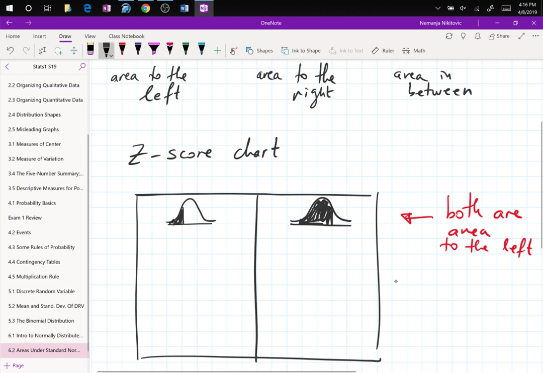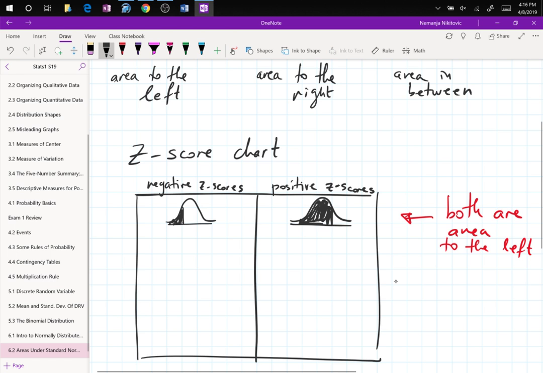Alright, so what do we have? We have a z-score chart that will have negative z-scores on the left and positive z-scores to the right.